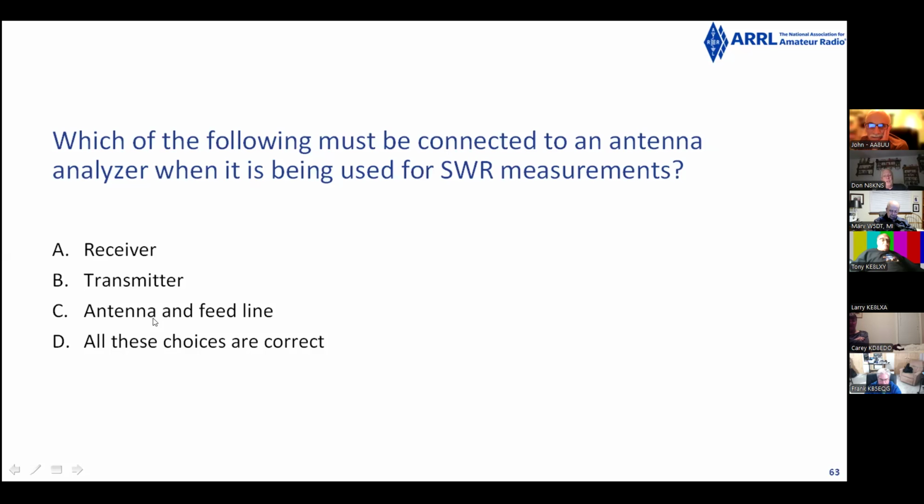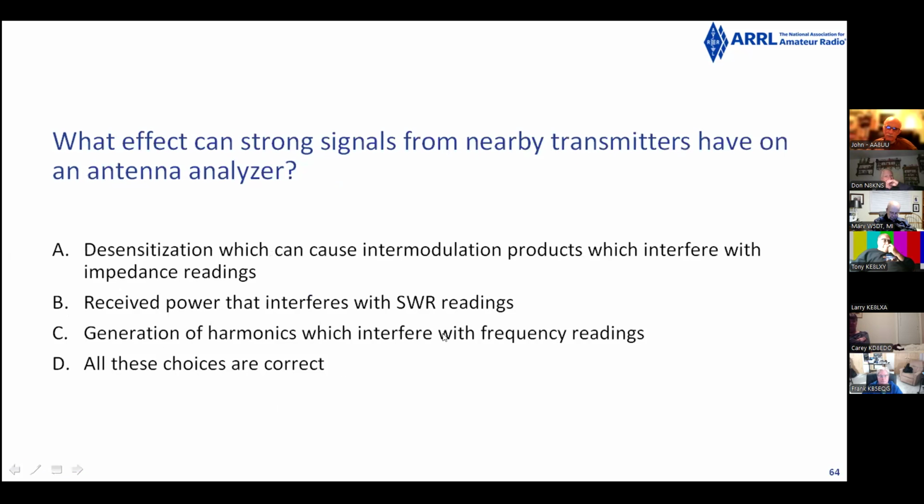Charlie, sure. Yeah, because this is the antenna analyzer, which has its own signal generator in it. So you don't want the transmitter. And it gives you a good reading, if you're doing it right. They work pretty good. There's a few things to watch.